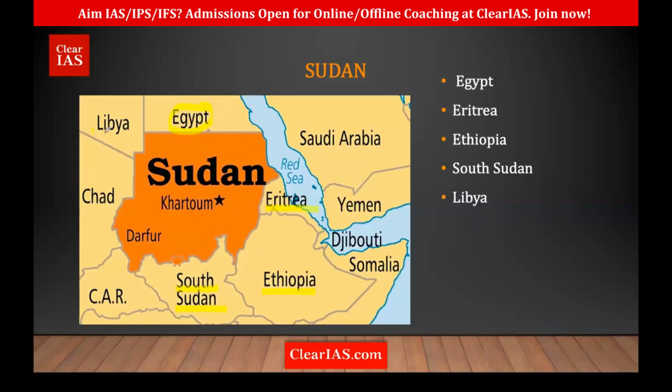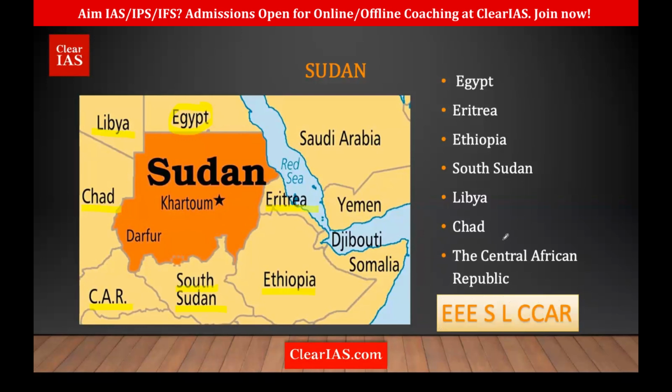Then here we have Libya, Chad, and Central African Republic. So it is Tripoli SL CAR. Tripoli on the east, South Sudan, Libya, Chad, and Central African Republic.